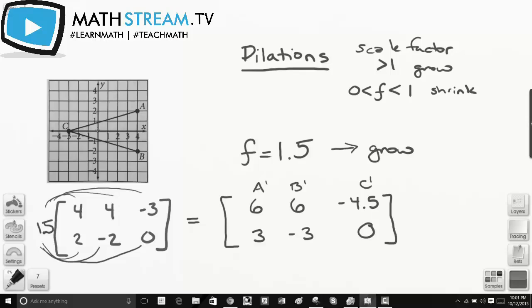So going back to our graph, let's graph A prime, which is 6, 3. So I'm going to go out 5, 6. I know they didn't give you all the room that you could really use here. There's our point A prime. I guess I should write that. B prime, 6, -3.